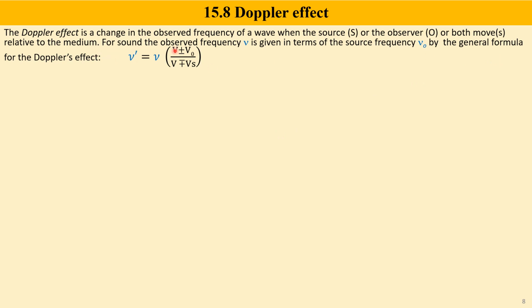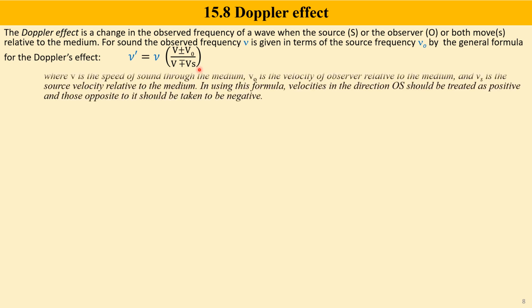For sound, the observed frequency nu dash is given in terms of the source frequency nu naught by the general formula, nu dash is equal to nu into (v plus or minus v naught) divided by (v minus or plus vs).